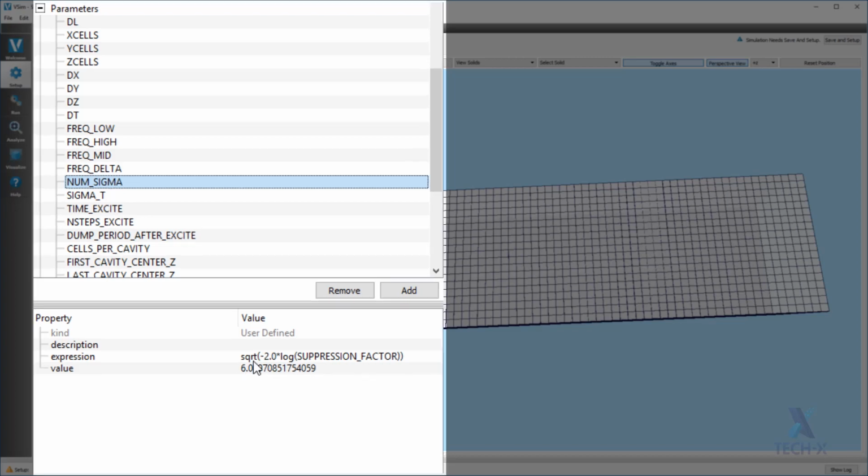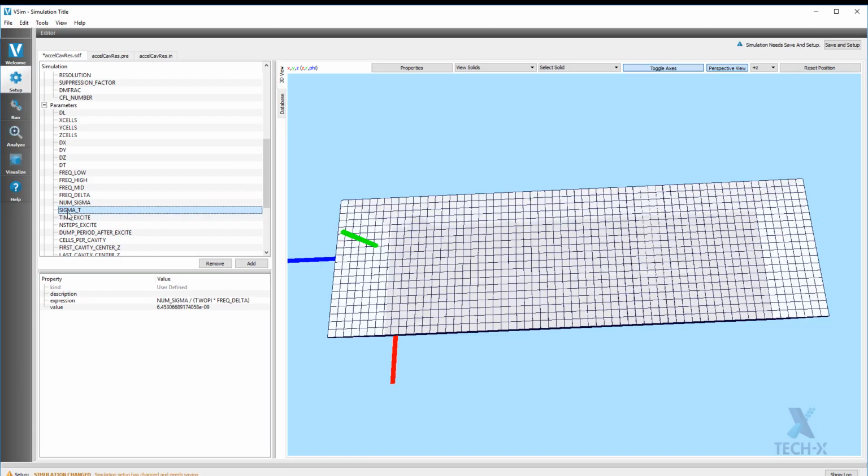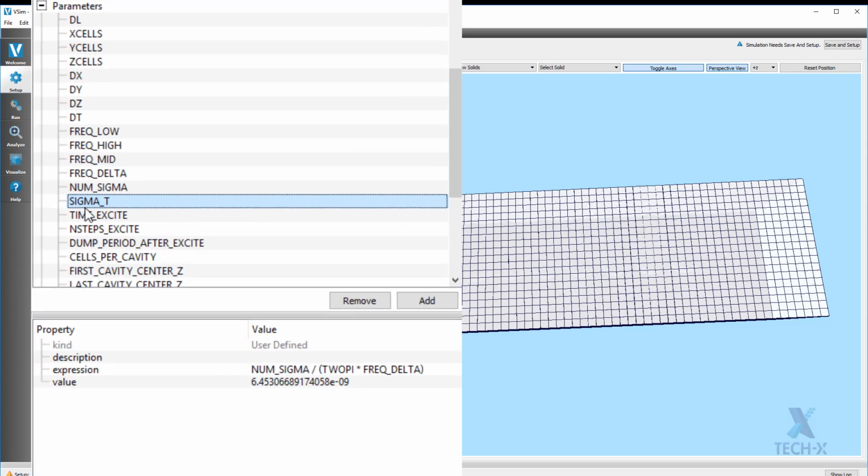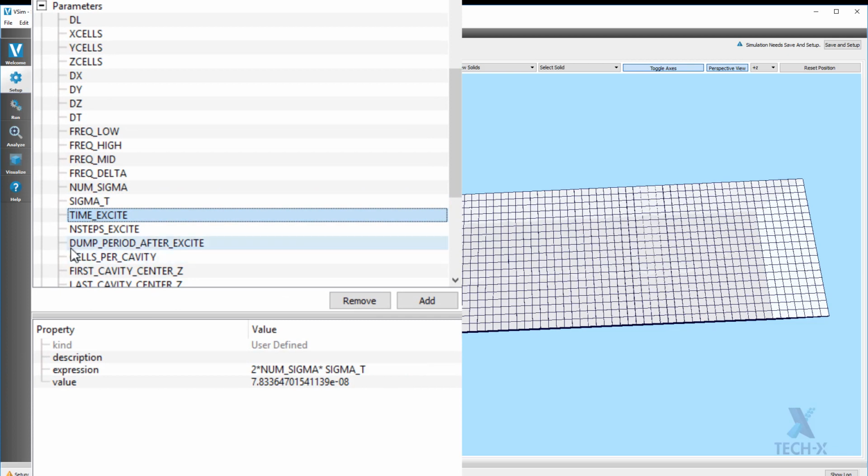This sigma t then is the time for 1 sigma in our function. So then our excite time is going to be the num sigma times the sigma t, or how long in time 6 sigma widths of our Gaussian is, times 2, because we have a rise and then a fall.